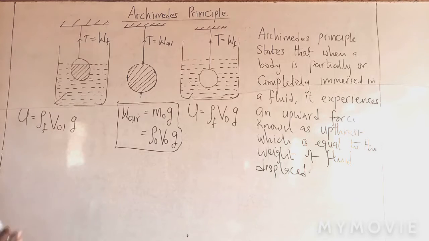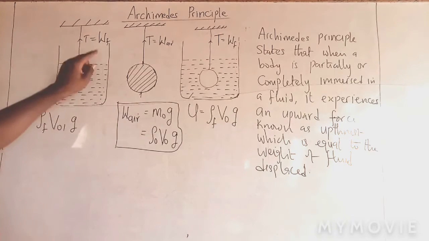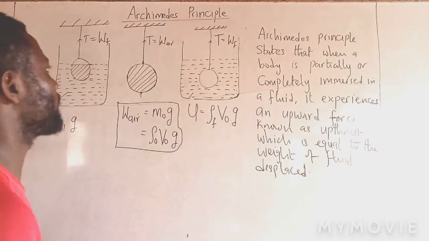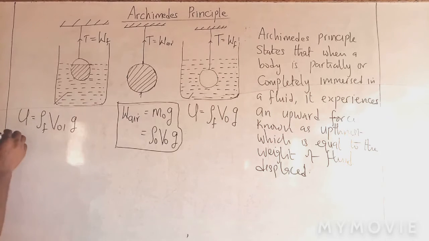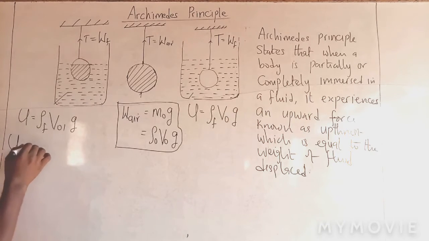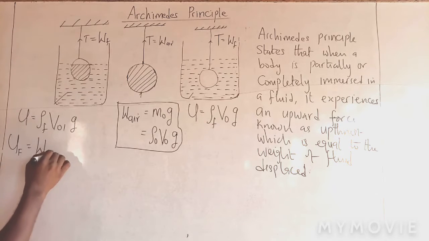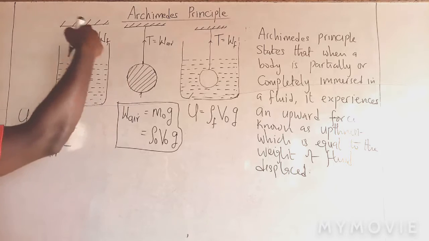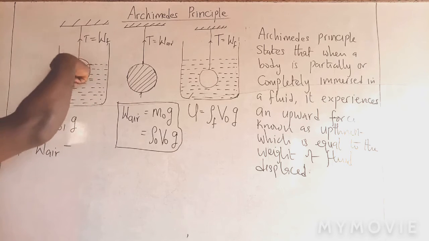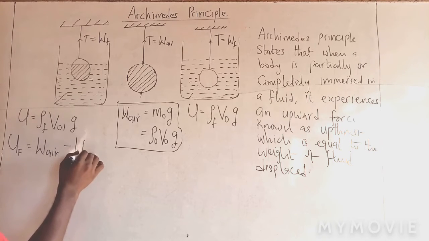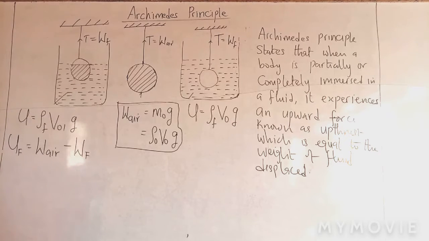Now, having said all this, let us look at how we can get the weight of object in fluid here and the weight of object in fluid there. We simply use this relation. Upthrust in this fluid is equal to weight of object in air, this weight, minus weight of object when it's immersed in this fluid, and that will be the weight of object in fluid.